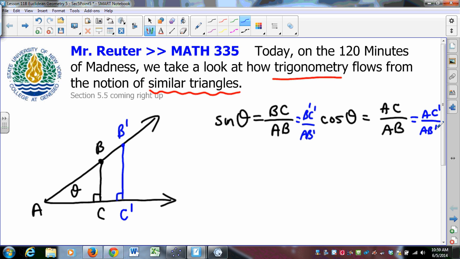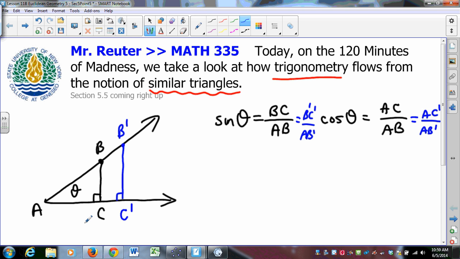Why? Because the little black triangle is similar to the big blue triangle because they share the angle theta and they are each right triangles. So the corresponding sides of those similar triangles are in proportion.